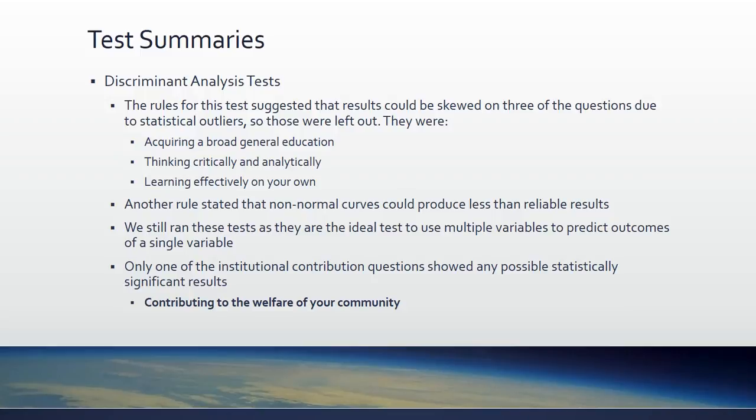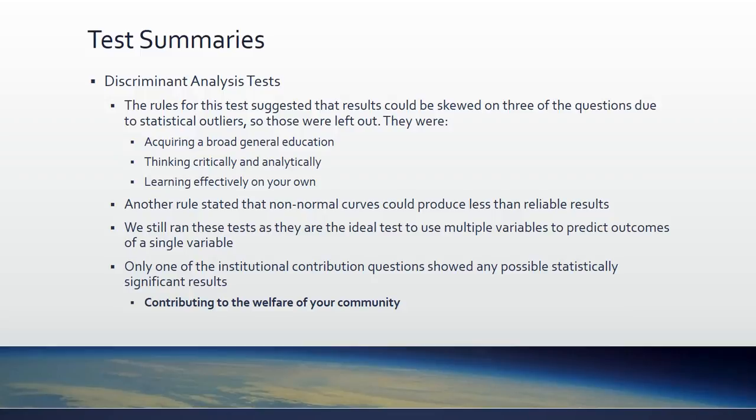Once again, this is why you run multiple kinds of tests. This is the most robust test, the most nuanced and subtle test. So it basically barred us from looking into acquiring a broad general education, thinking critically and analytically, and learning effectively on your own.